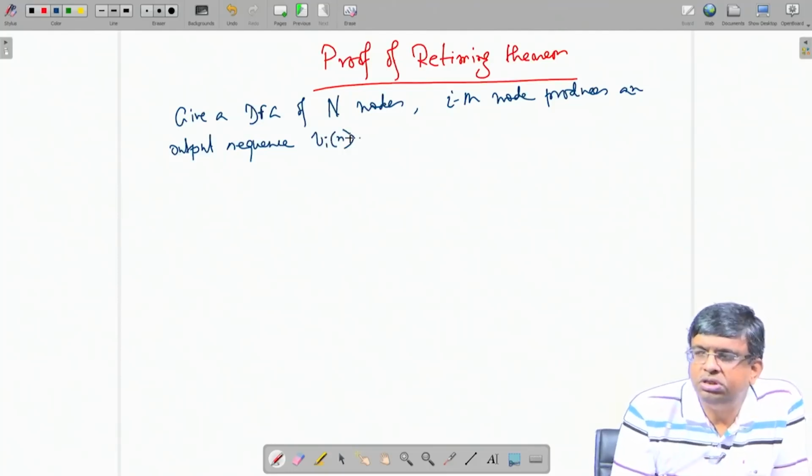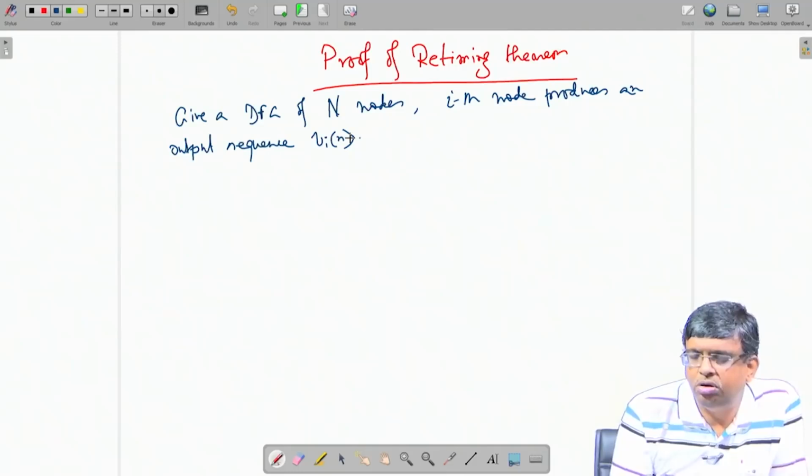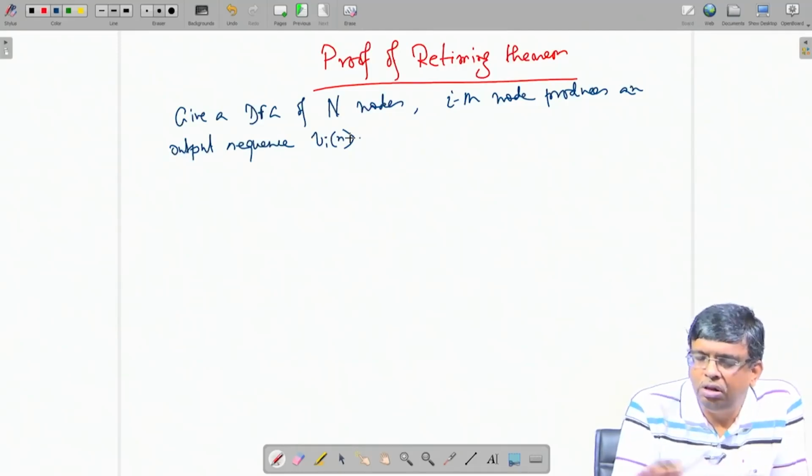So, node 1 produces V1n, node 2 produces V2n, dot dot dot, node I produces VIN, and they are all connected. This is a DFG of total n nodes.